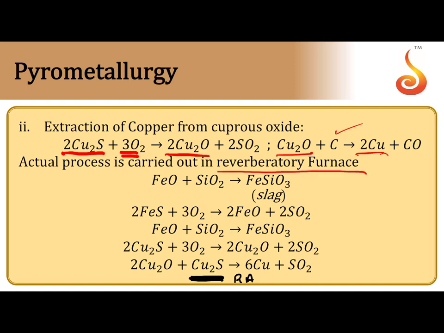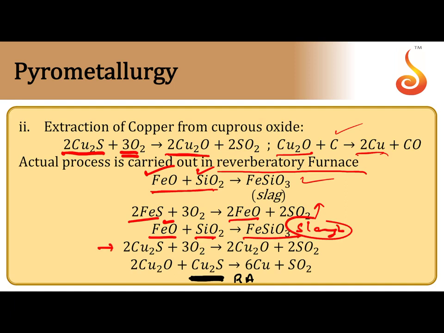If you observe, FeO combines with SiO2, a basic oxide with an acidic oxide, to give a fusible mass, the slag, that is ferrous silicate. Any ferrous sulphide present undergoes oxidation to give ferrous oxide by the removal of vapors of sulfur dioxide. This ferrous oxide, also being a basic oxide, combines with the flux forming ferrous silicate slag.